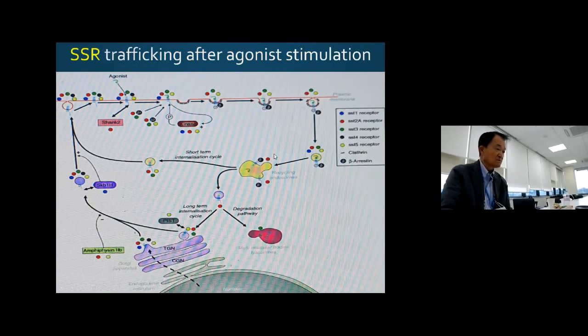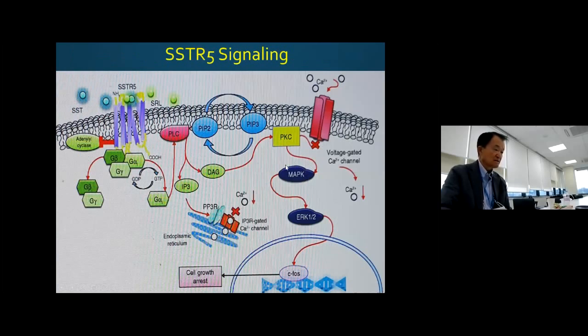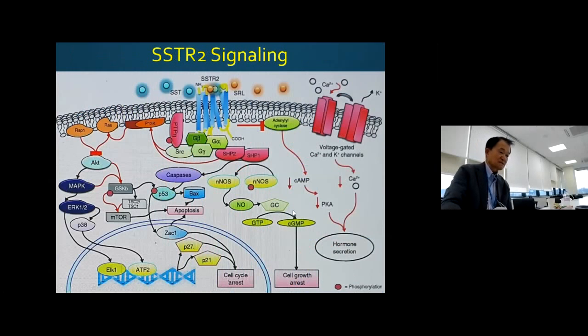Okay, since we don't have much time, these signaling pathways are usually more in the research field now. So many you can see. It's complicated.